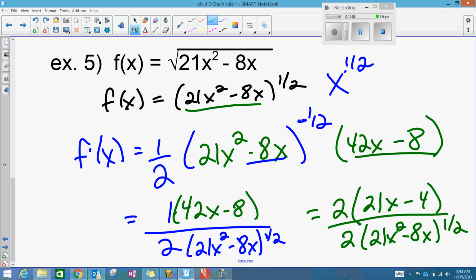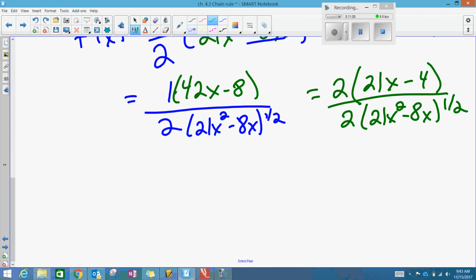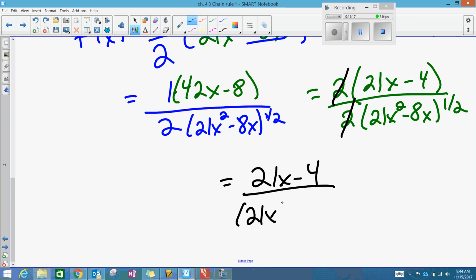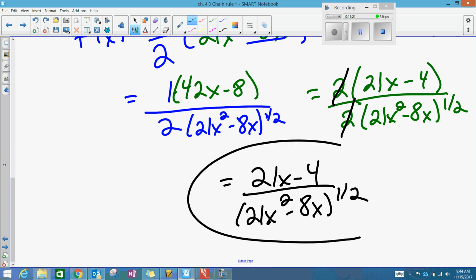So I wrote it with a GCF, and now it's obvious that the GCF cancels, so my final answer is this. So again, you just have to be careful simplifying it, that if you're going to reduce it, you need to make sure that you actually can take out that GCF, that it comes out of all the terms in the numerator. Okay?